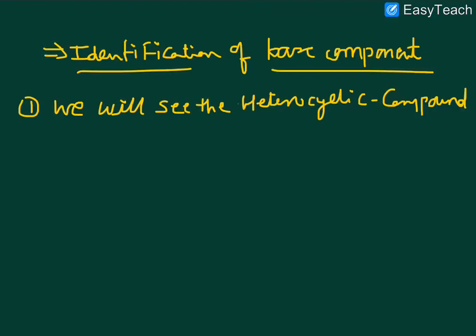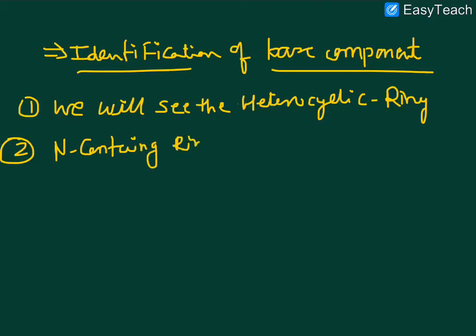First, we look at the heterocyclic system. If there are two types of rings, one non-heterocyclic and the other heterocyclic, then the heterocyclic ring will be the base component. Second, if both are heterocyclic rings, then the nitrogen-containing ring is the base component.